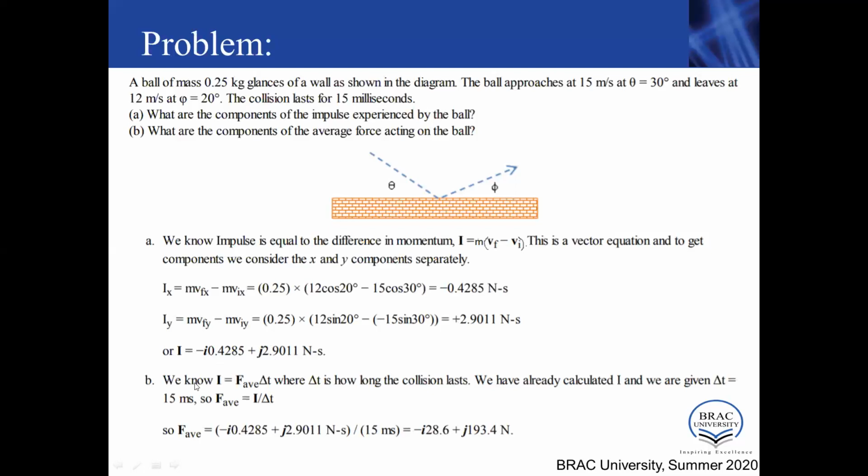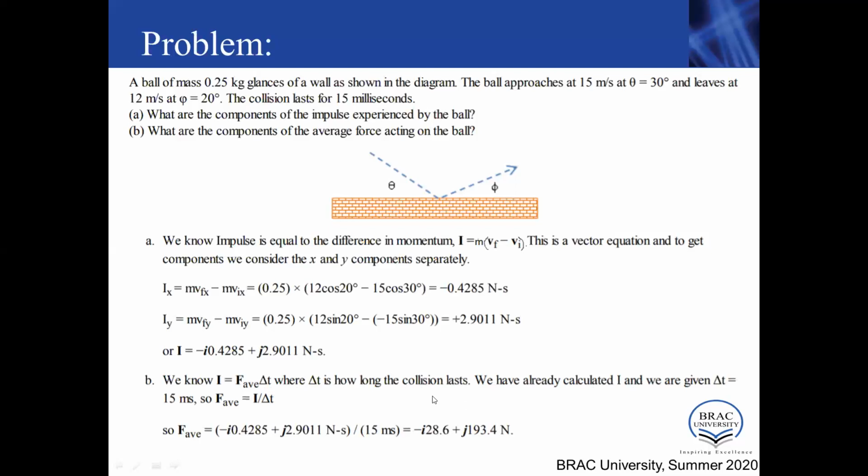After solving this, we can easily calculate the average force. We know that impulse is equal to average force times the time interval, where delta t is the time interval of the collision. We have already calculated I, and we are given delta t equal to 15 milliseconds.